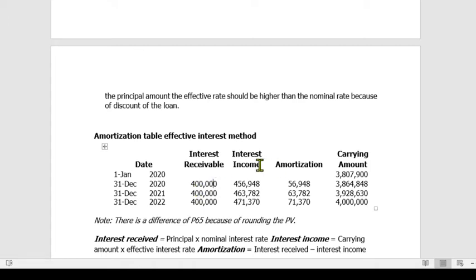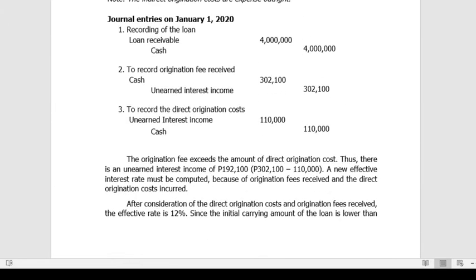Next, interest income is kung magkano yung marireceive mong income, magkano ang i-recognize na income using the carrying amount naman. Kung kanina ang ginamit mo is the principal amount, dito sa interest income, you will be using your carrying amount. 3,807,900 multiply to, saan multiply? The nominal or the effective rate. Magkano ba ang effective rate?